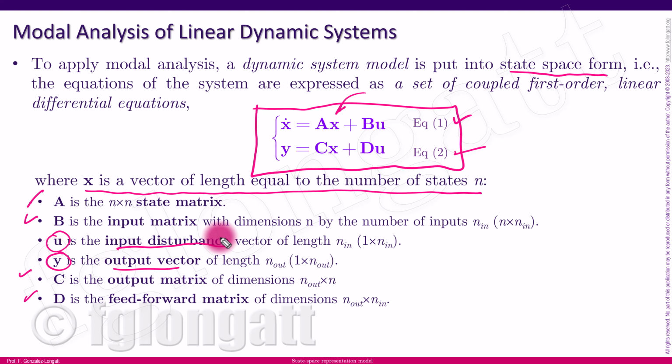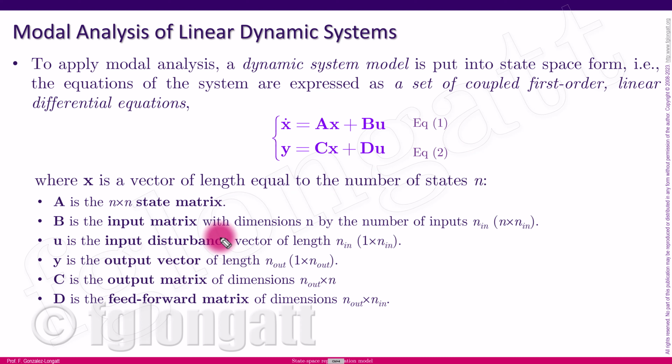Why is the state space representation quite used? Because in many power system analyses, like the modal analysis, this representation can be used to describe the dynamic performance of the system.